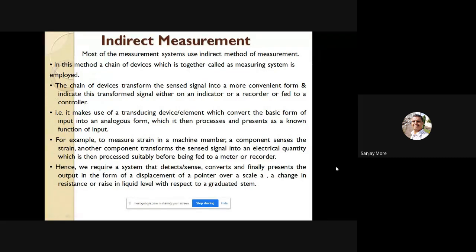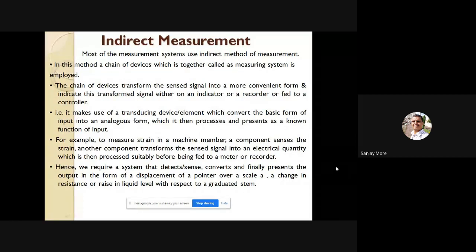For example, taking the length of an unknown bar is a direct comparison method or direct measurement system. An indirect measurement system is one where a number of direct comparison instruments are combined together, a chain of devices together called a measuring system.